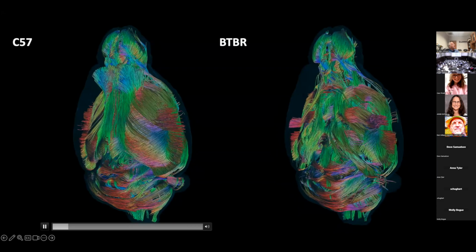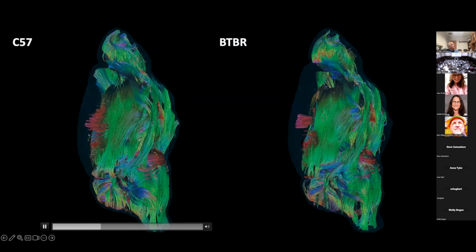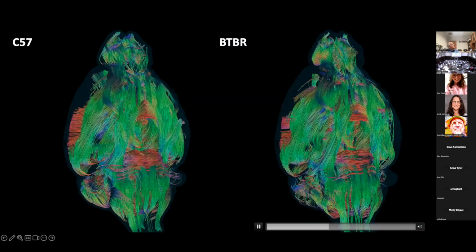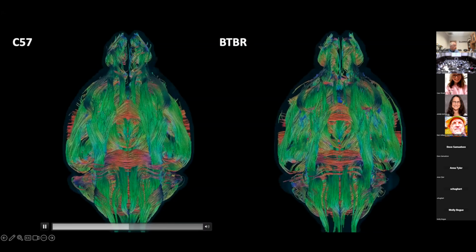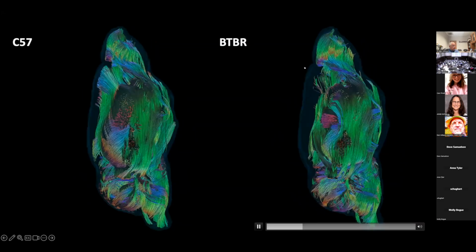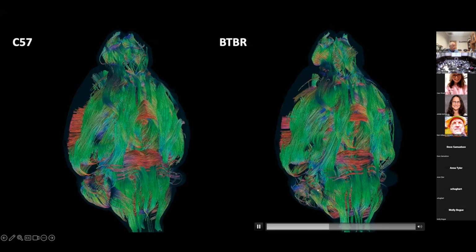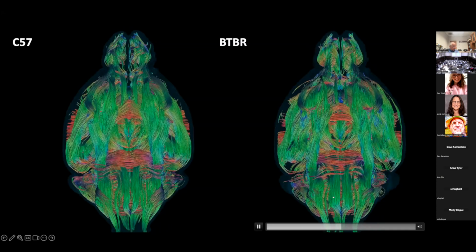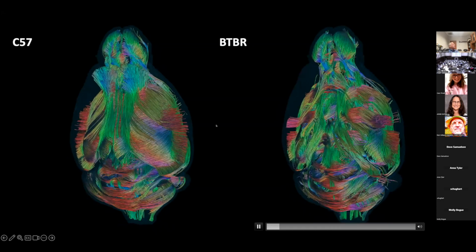The red is showing us tracks that are moving across the brain, left to right, and blue, in and out. And so look here at motor cortex. We see the projections into the motor cortex are considerably altered here in the BTBR. We see in the cerebellum there's a lot of disruption. We see just a sort of a messy mess of projections here.